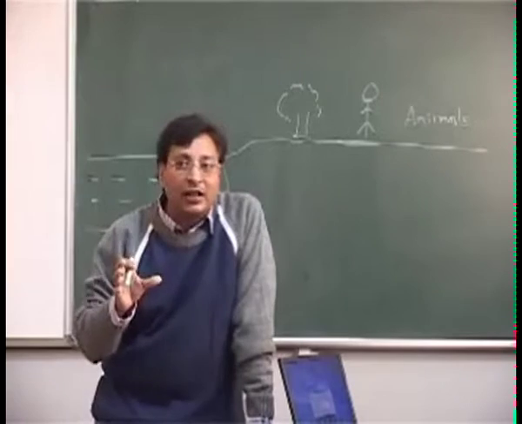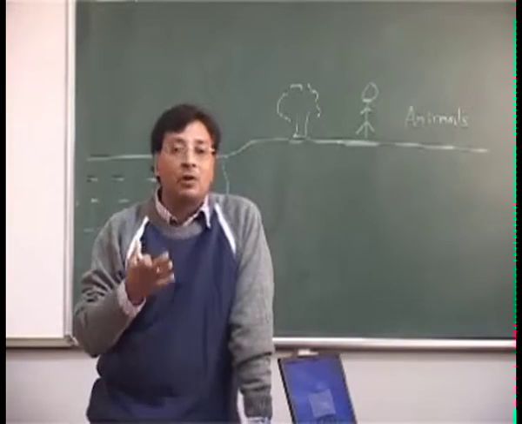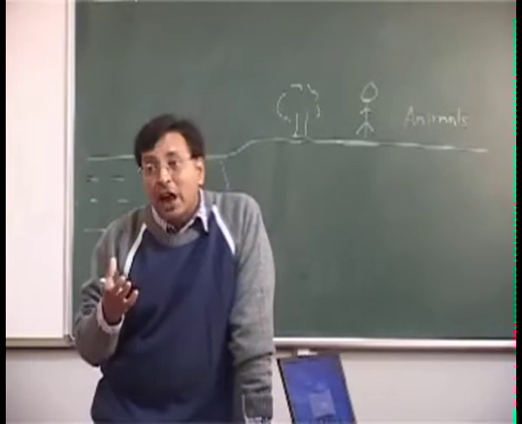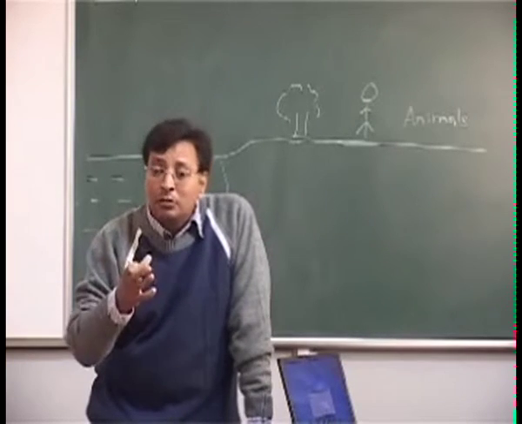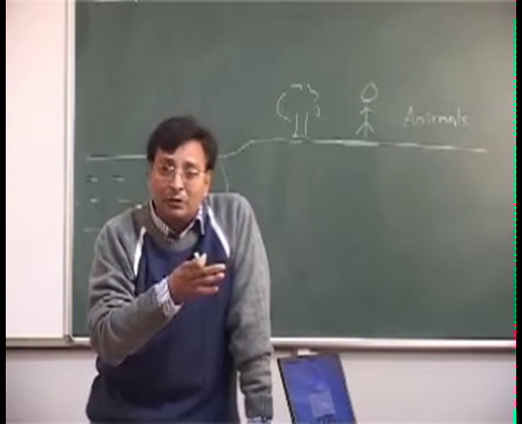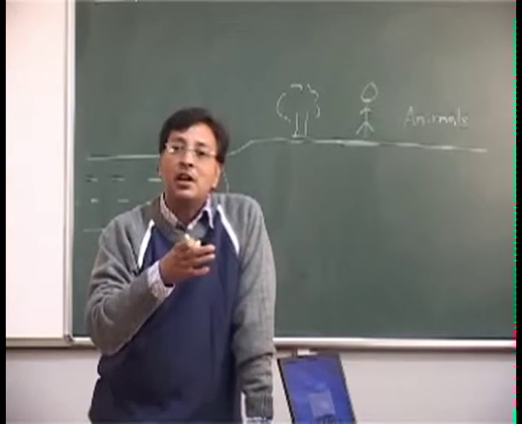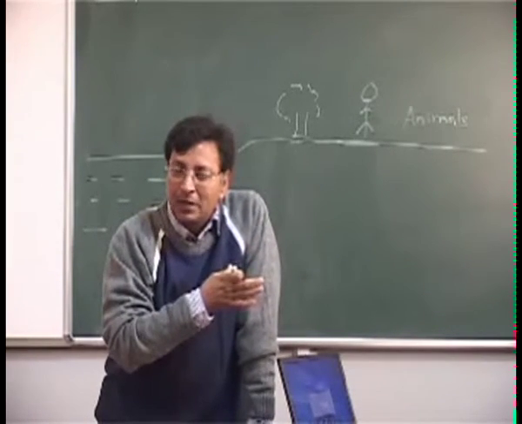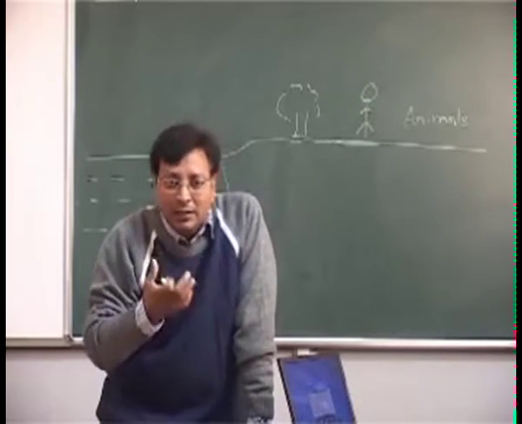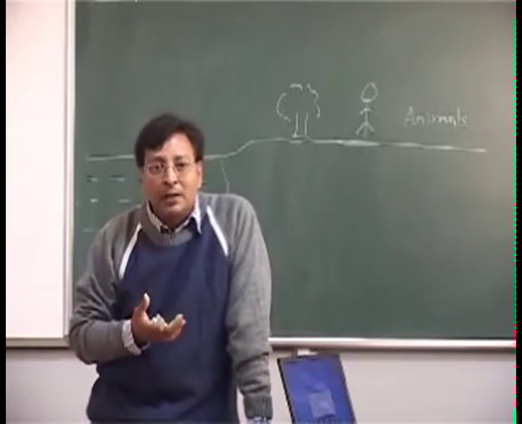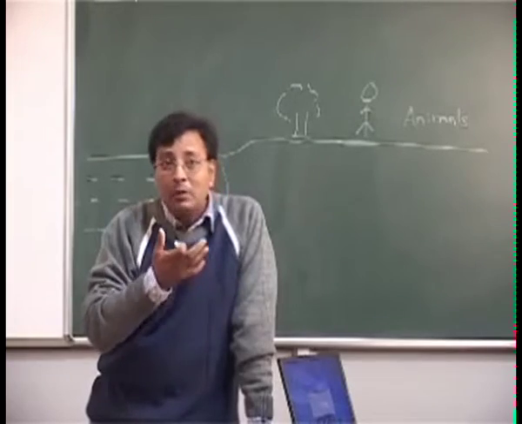We now recognize as scientists that the secondary atmosphere we are talking about is slowly going into a tertiary atmosphere. Why are things changing? Ozone is being disturbed, CO2 is going up, methane is going up, so in a way we are changing the atmosphere.